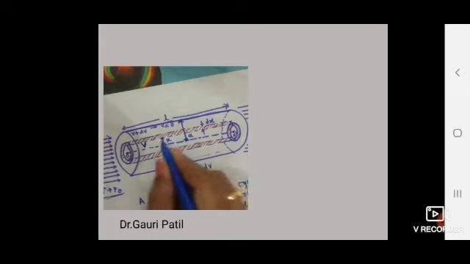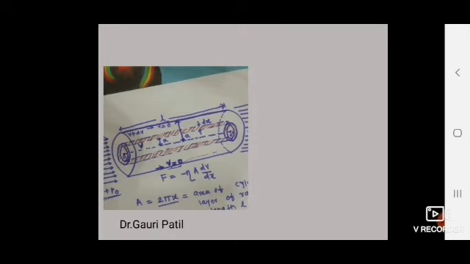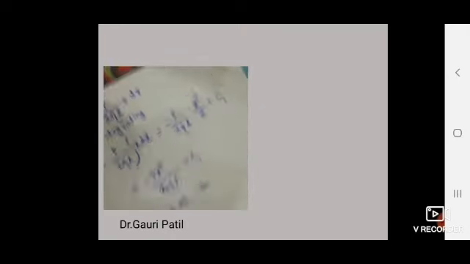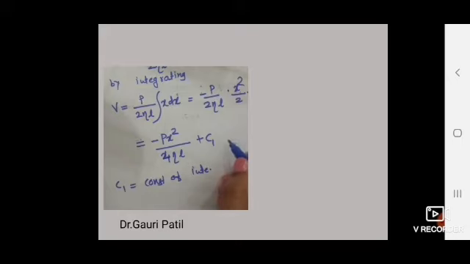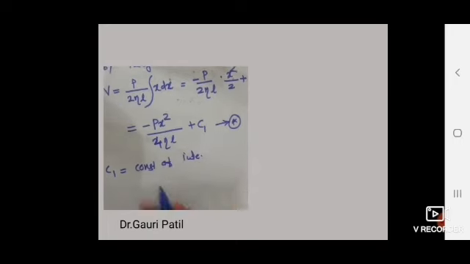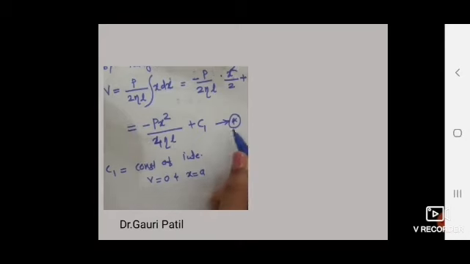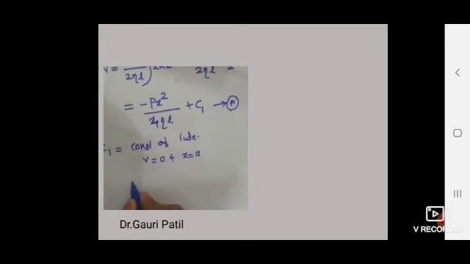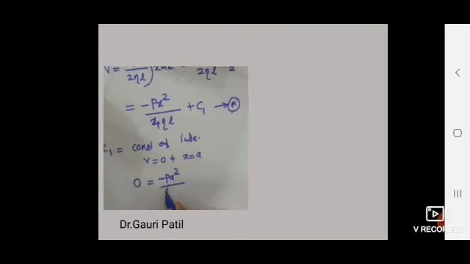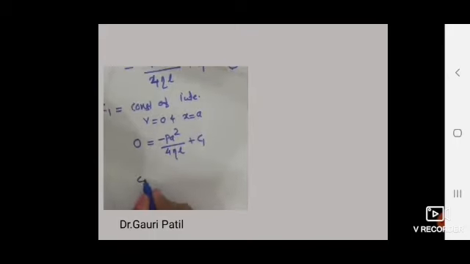So we substitute v is equal to 0 and x is equal to a into this equation. We get 0 equals minus P a square upon 4 eta L plus c1. So we get c1 is equal to P a square upon 4 eta L.